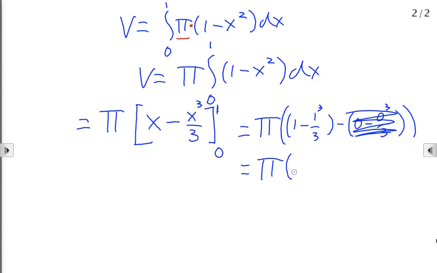Almost home free, we have pi times 1 minus 1/3, and 1 minus 1/3 is 2/3, so 2/3 pi is our volume.